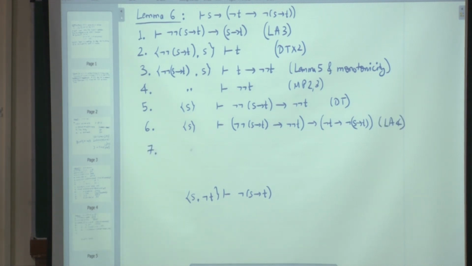Okay, then seventh. This is just MP on the previous two lines, and then you simply have to use dt. I mean, this goal was not really necessary in that regard.